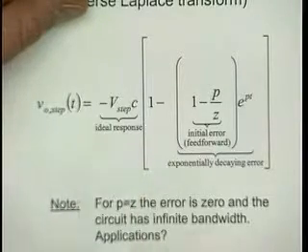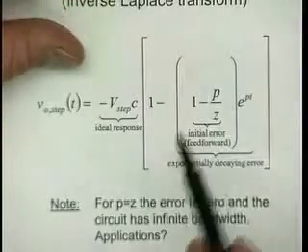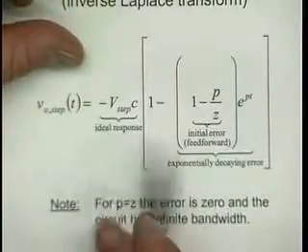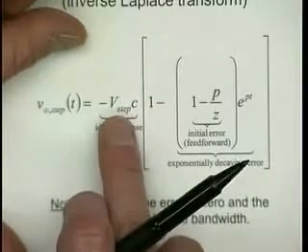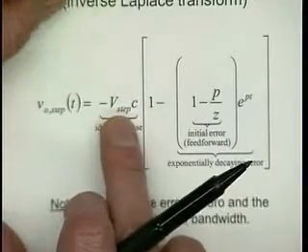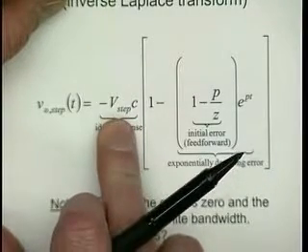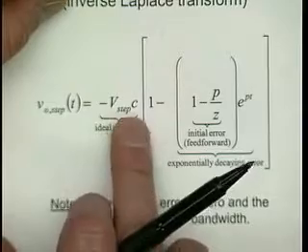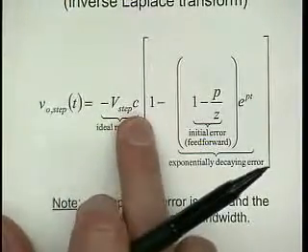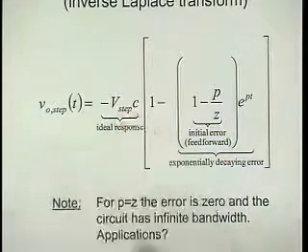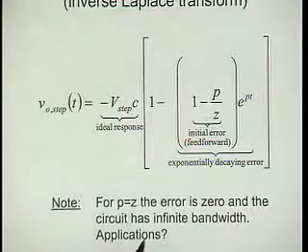So again, I formulated the result in a convenient form. This is really the ideal response. If our amplifier was perfect, then the output would be just the step input put in, inverted, and multiplied by the gain we set with the feedback network. And then all of this additional thing here is an error term.